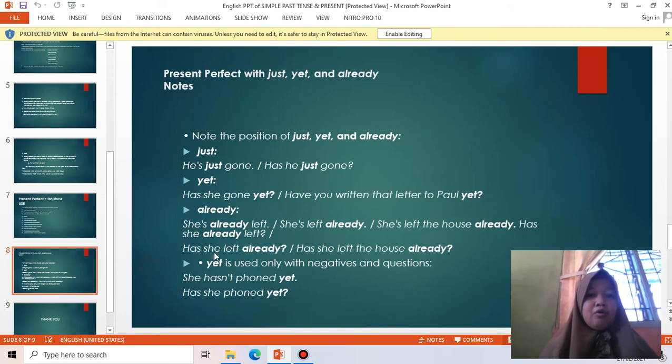Okay, already. Please take a look at the sentences like this. This is how you place already in a sentence. For example, she's already left, she left already, she left the house already, has she already left?